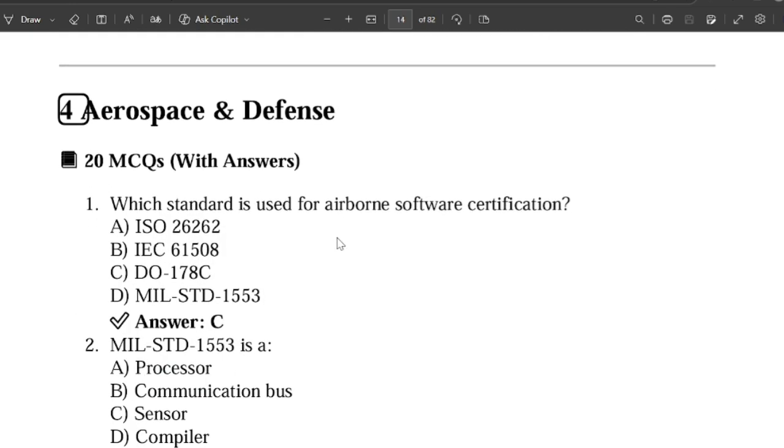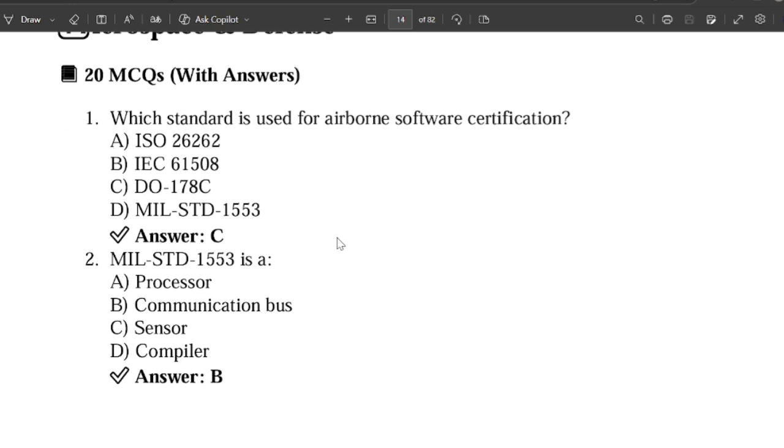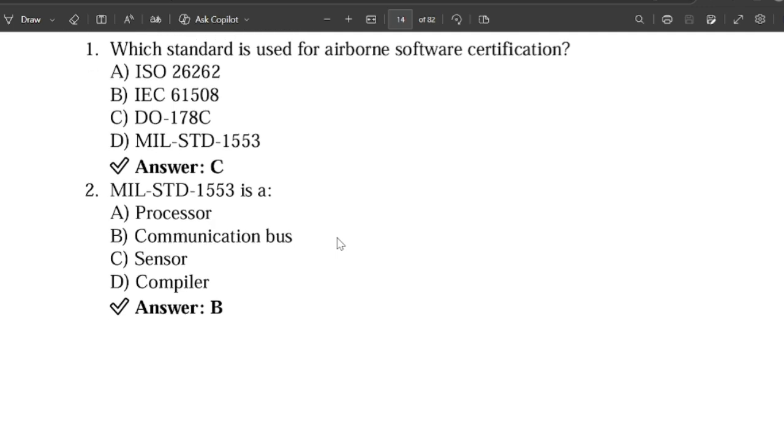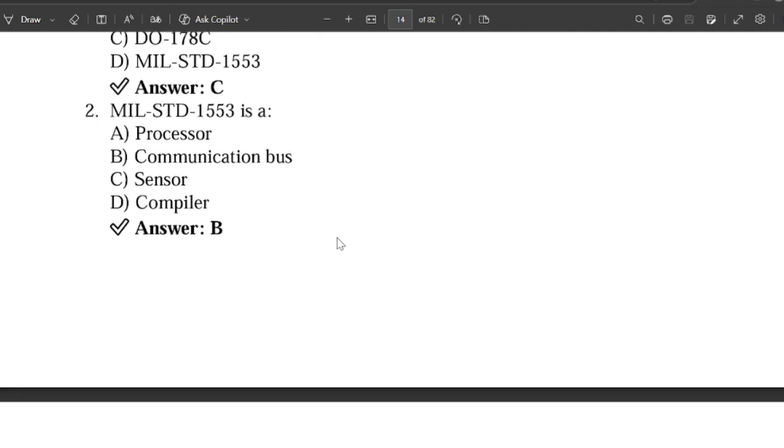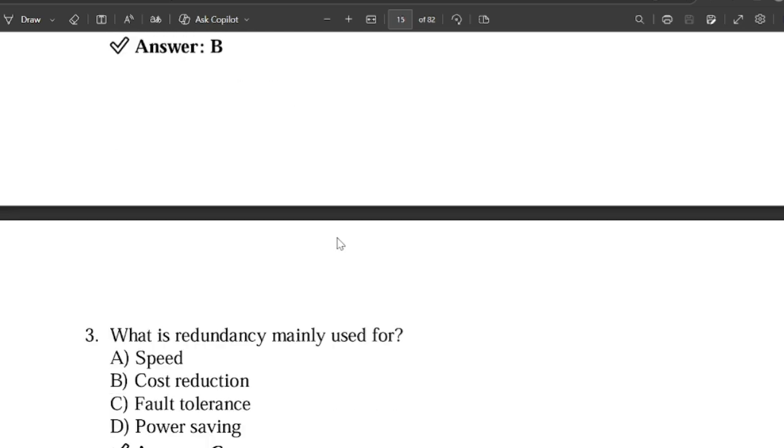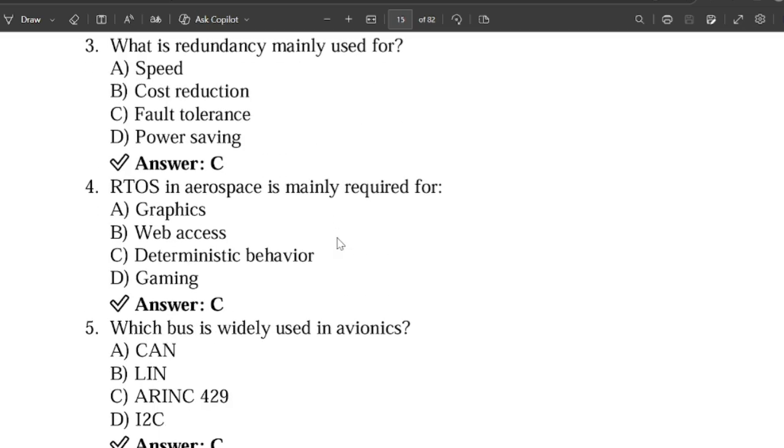Next one is Aerospace and Defense. Which standard is used for airborne software certification? Answer is DO-178C. MIL-STD-1553 is a communication bus. What is redundancy mainly used for? Fault tolerance.